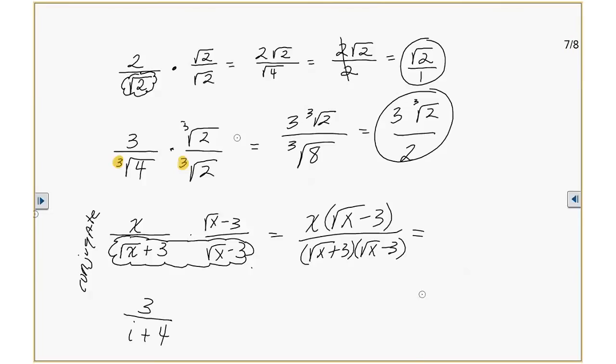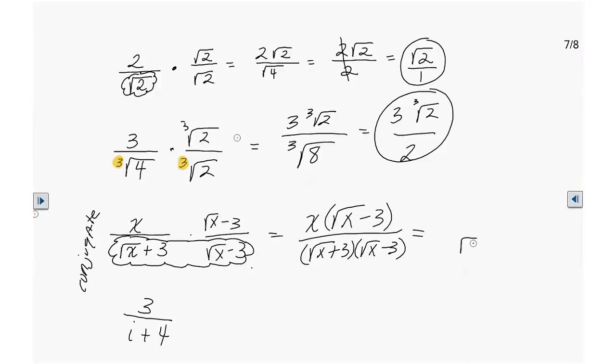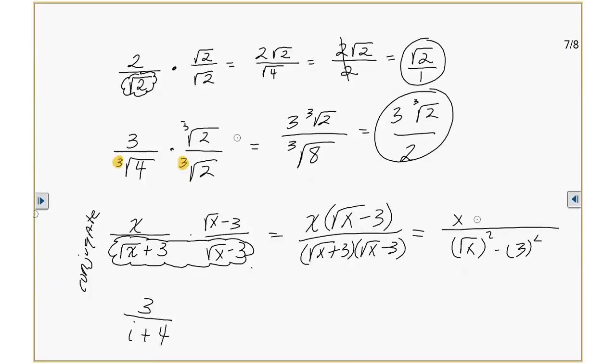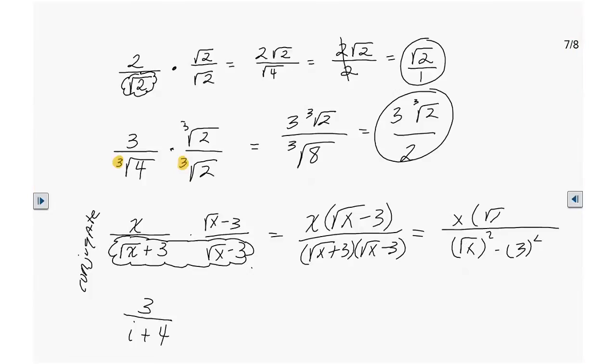With shortcut number 3, a plus b times a minus b will give you the square root of x quantity squared minus 3 quantity squared over x times the square root of x minus 3.